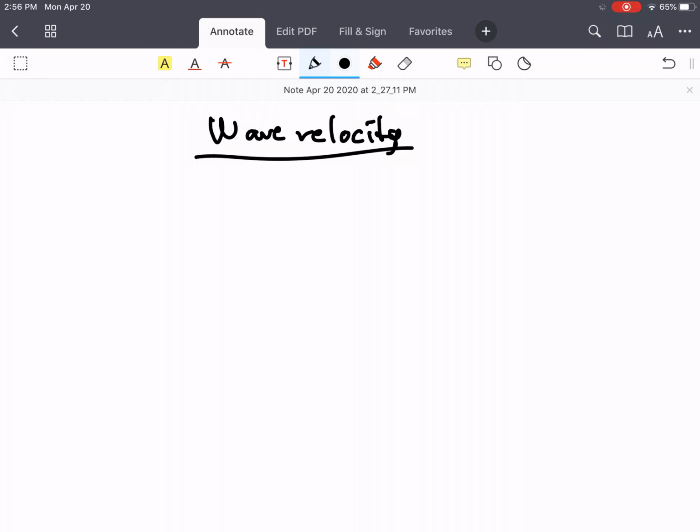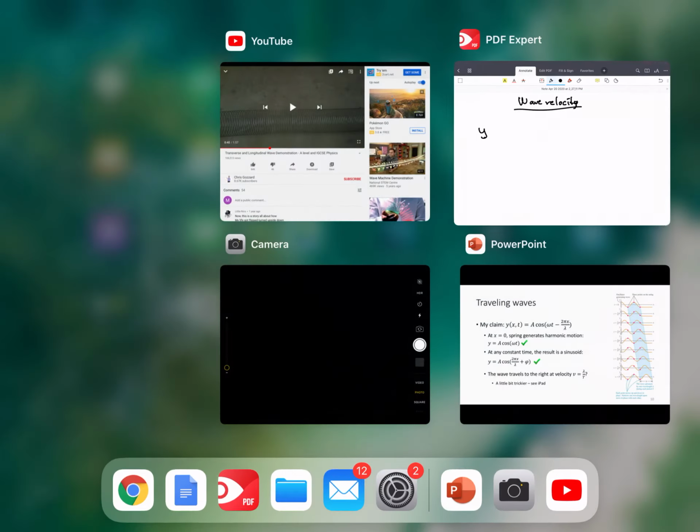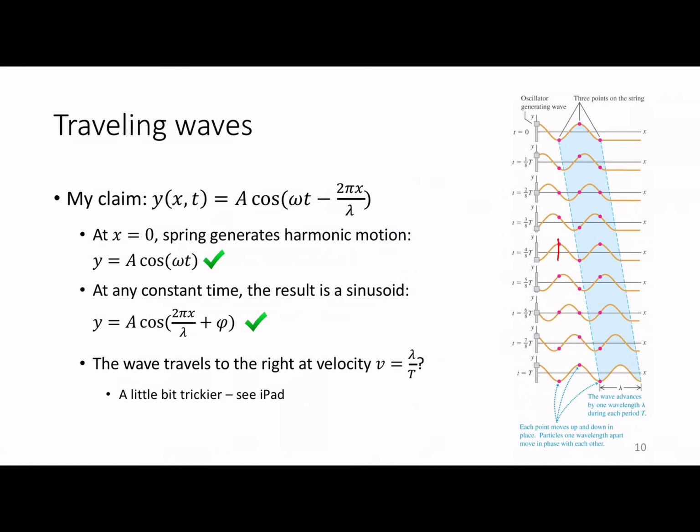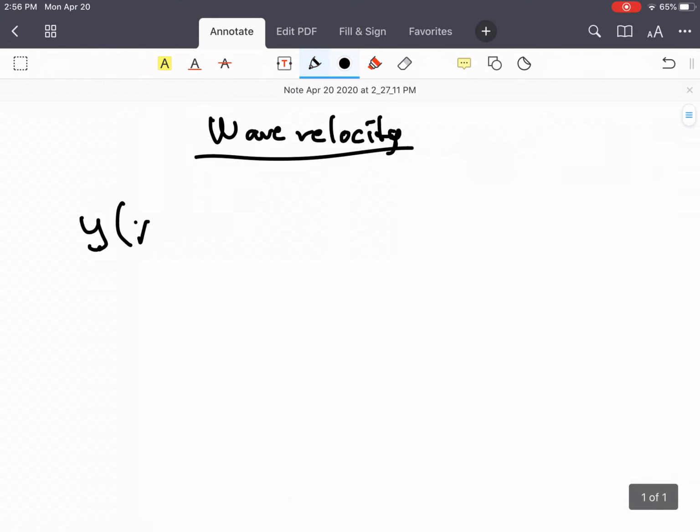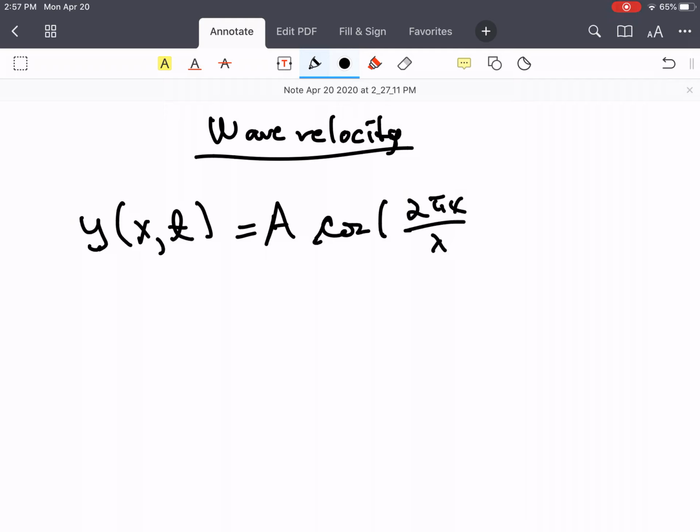Again, the wave equation that I guessed is that my displacement y, remember, is how this particle moves up and down as a function of x and t. It is going to be a cosine of 2 pi x over lambda minus omega t.